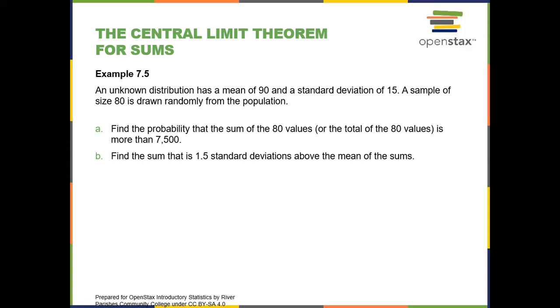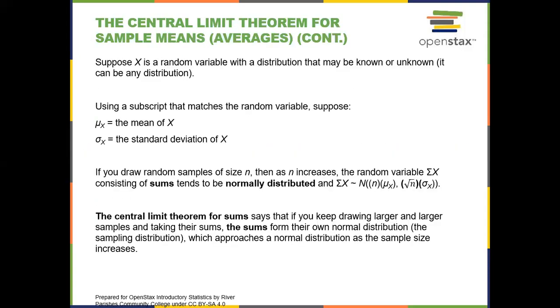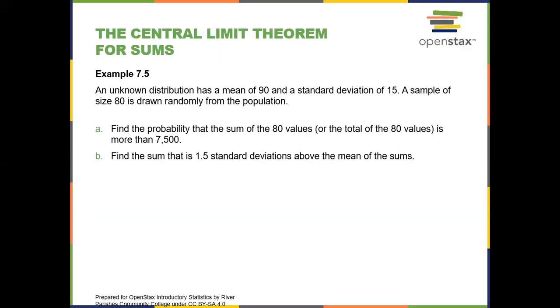So we are going to use the information from the previous. So it is second verse 2, the sum of the 80 values is more than 7,500.